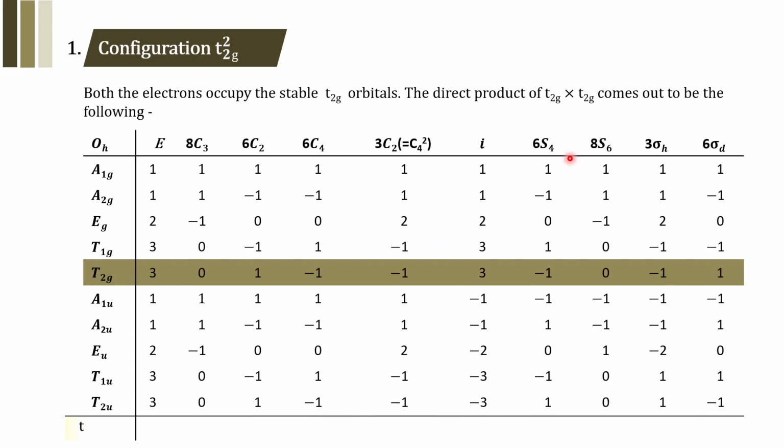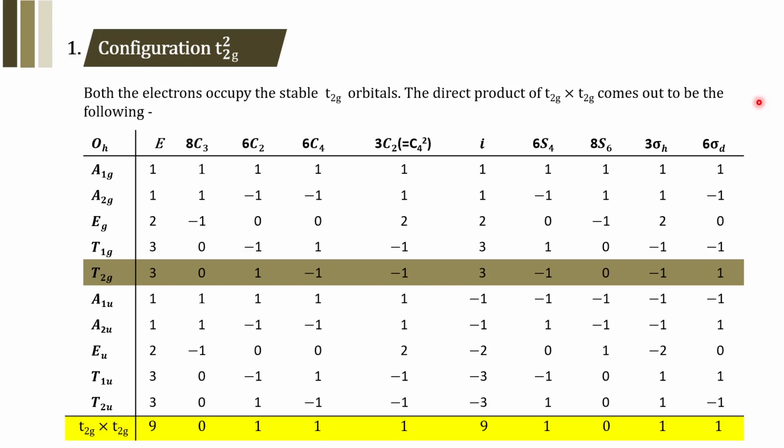When we say it is t2g2, it means that you are multiplying t2g with t2g, giving rise to these values: 3 into 3 is 9, 0 into 0 is 0, 1 into 1 is 1, minus 1 into minus 1 gives plus 1, and 1 again. 3 squared is 9, minus 1 squared is plus 1. Similarly, 0 squared is 0, minus 1 squared gives plus 1, and 1 is 1. So we have obtained a set of reducible representations just by the direct product of the two representations.